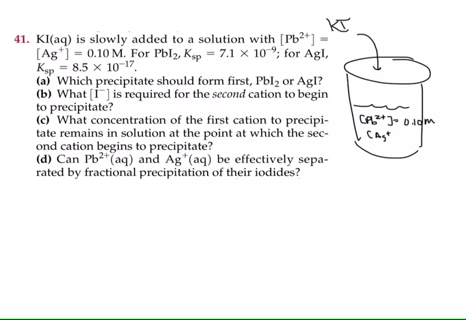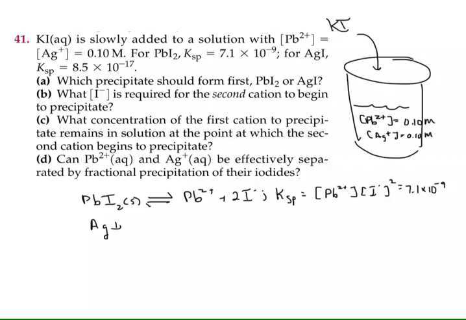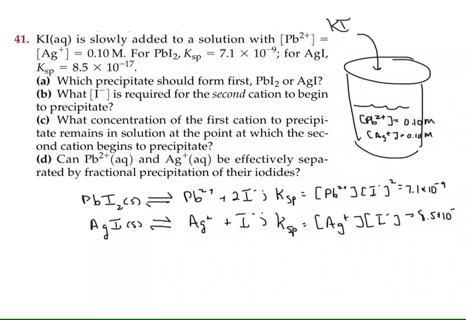For the next one, we're dripping potassium iodide into a solution that has lead 2 and silver. This is similar to what we did just a minute ago with cadmium and the nickel. So which one will precipitate first? I think you should be able to answer all those.